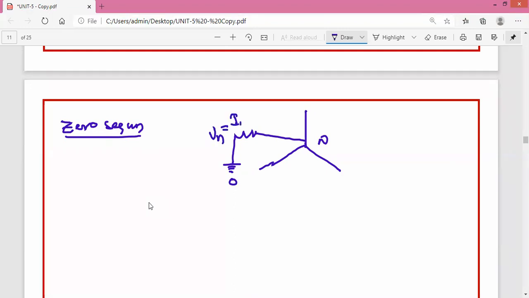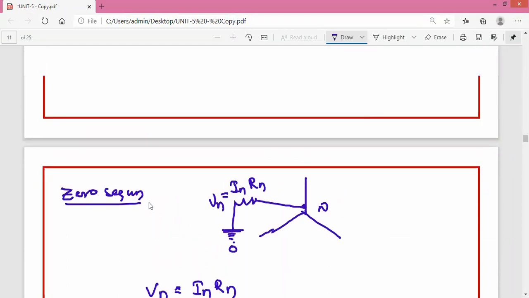Vn is equal to In, the neutral current, times the neutral resistance Rn. Some machines are grounded using some resistance value. So Vn is equal to In into Rn. This is the voltage drop existing between neutral and ground.